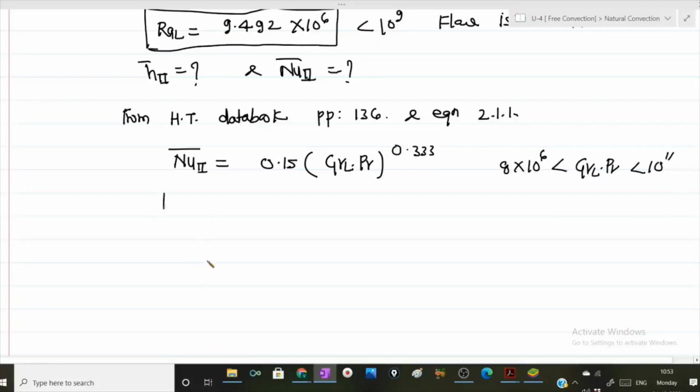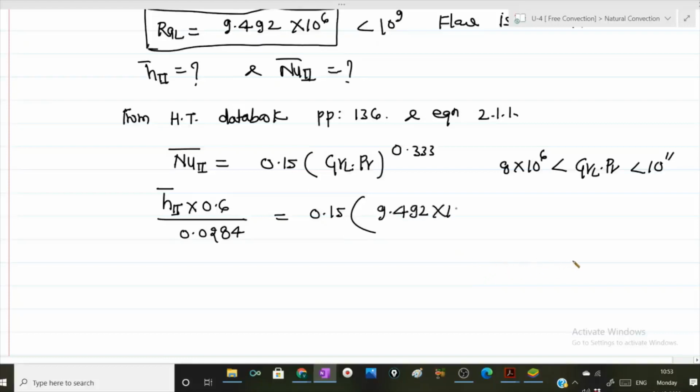So let me put all the values. h bar 2 into L_c is 0.6, k_f is 0.0284, equal to 0.15, value of GrPr is 9.492 into 10 to power 6, power 0.33.